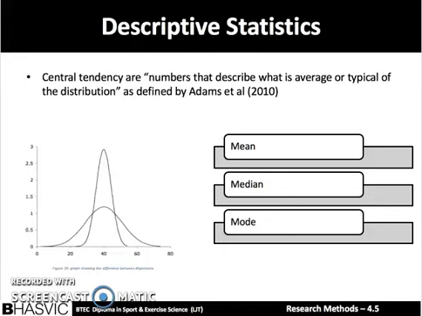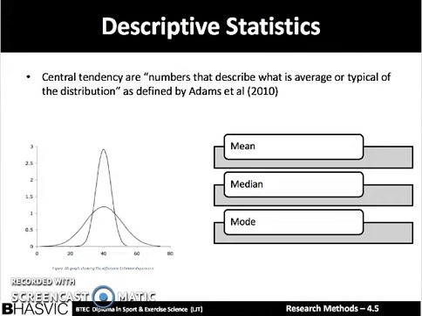Repeated samples tend to have similar means as well, and means are only really used for continuous data. A simple way of describing the mean is just the average. Most people would refer to mean as the average of data.